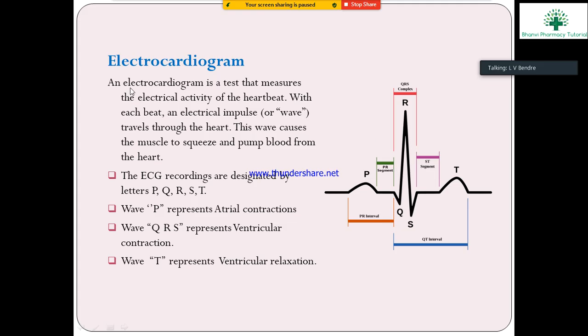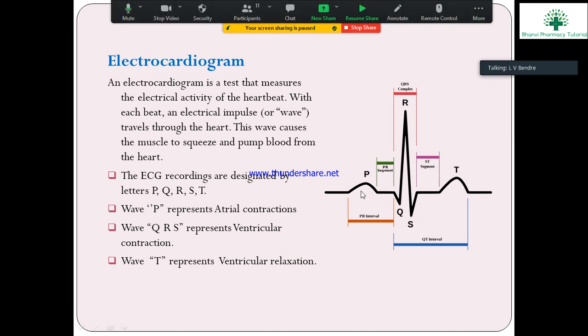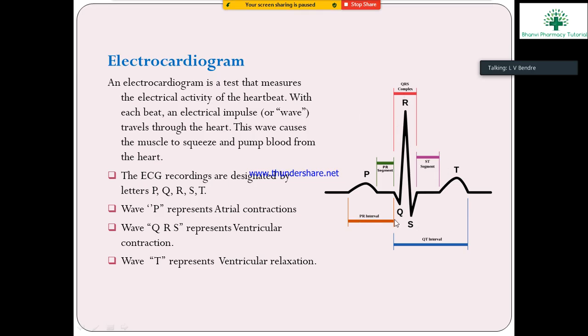Okay, next, the electrocardiogram is the test that measures the electrical activity of the heartbeat with each beat. In normal persons, each beat has the same electrical impulses P, Q, R, S, T. This is the normal beating: PR interval, PR segment, ST segment, QRS complex, and the QT interval.